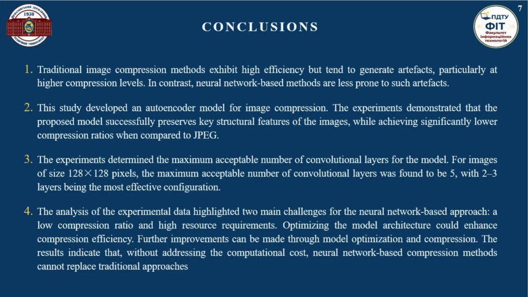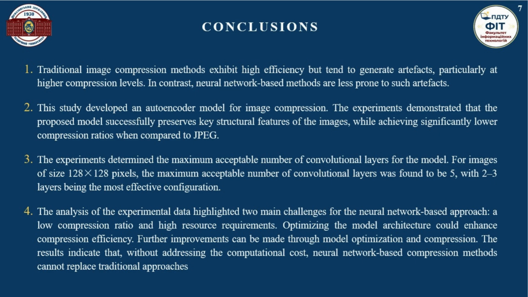This study developed an autoencoder model for image compression. The experiments demonstrated that the proposed model successfully preserves key structural features of the images, while achieving a significantly lower compression ratio when compared to JPEG.